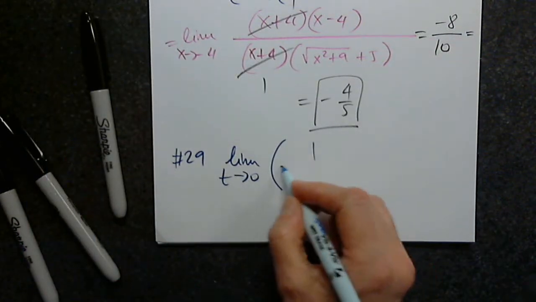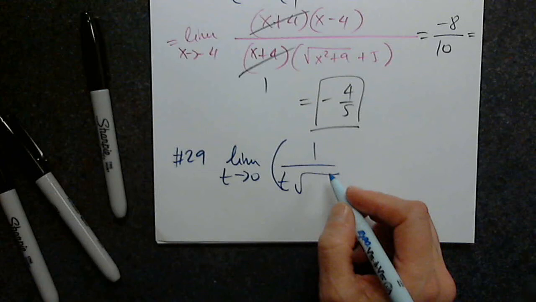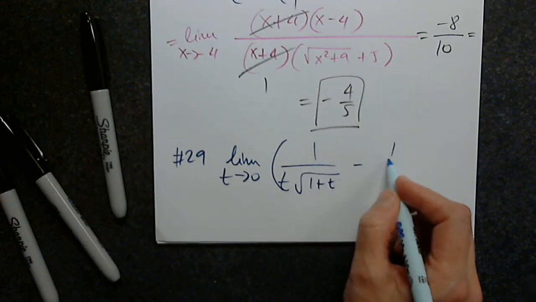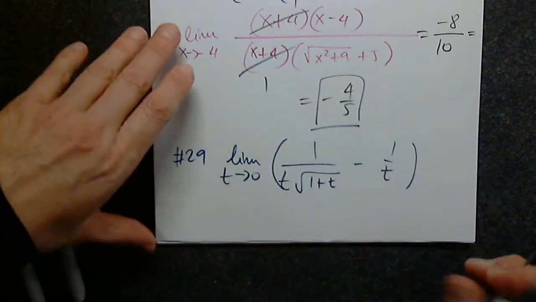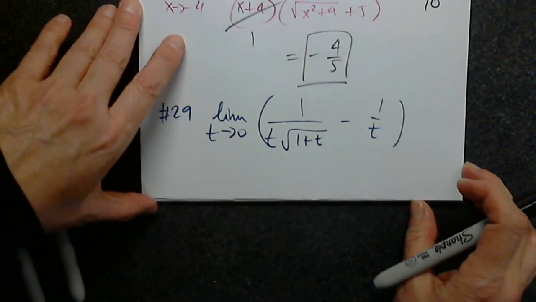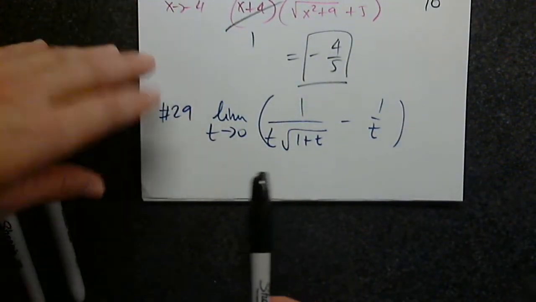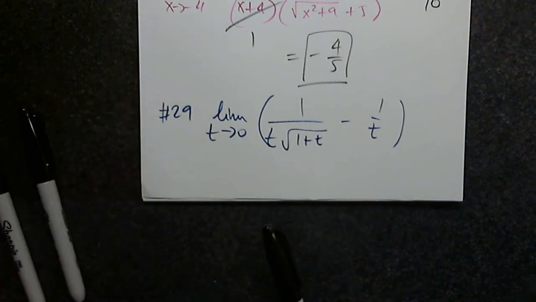Good, so we're looking at 29. So this is the limit of 1 over t times the square root of 1 plus t, minus 1 over t. Okay, what do I do with this? Similar basis. So I would like to do this, limit of this minus limit of that.